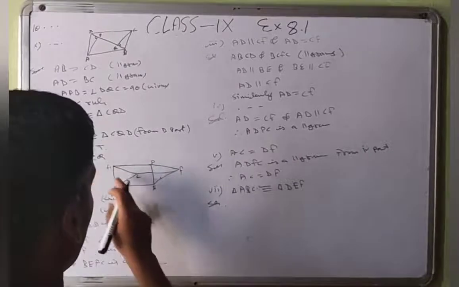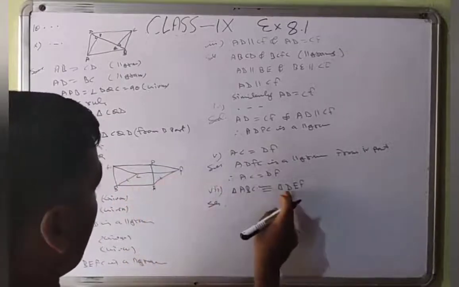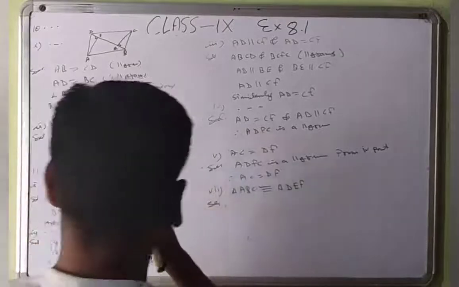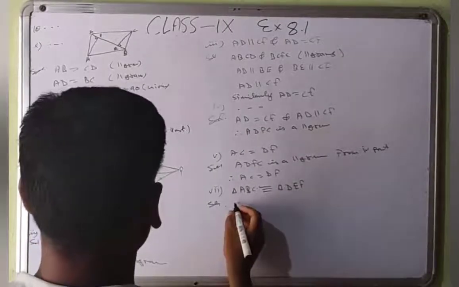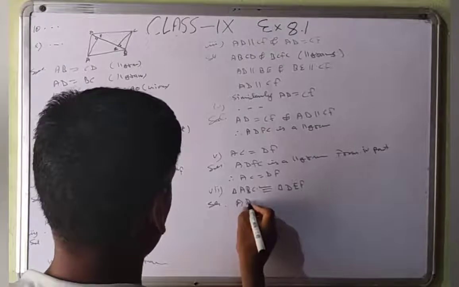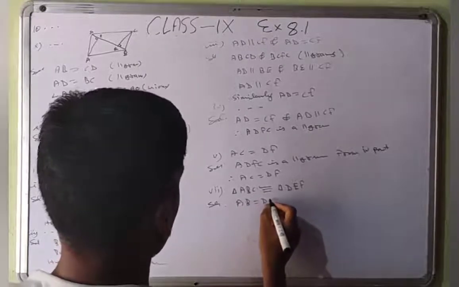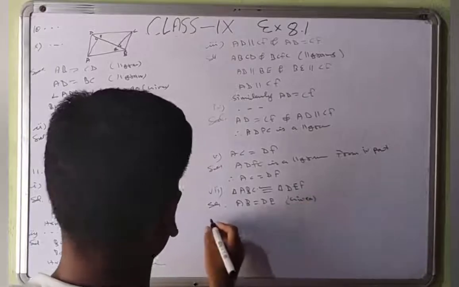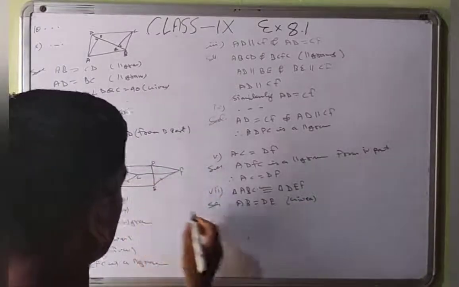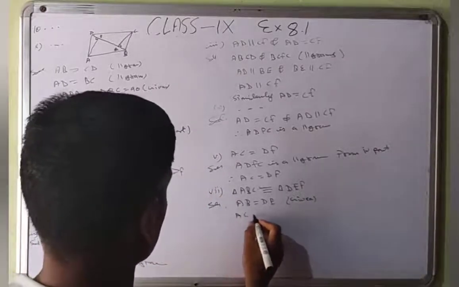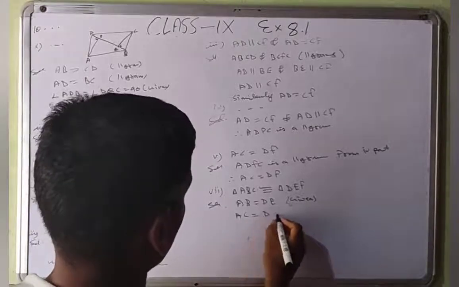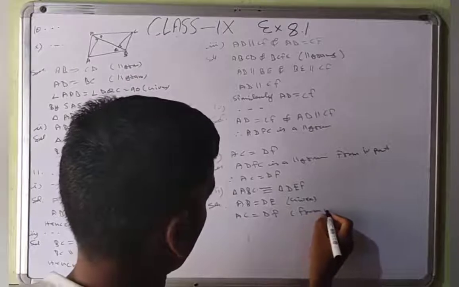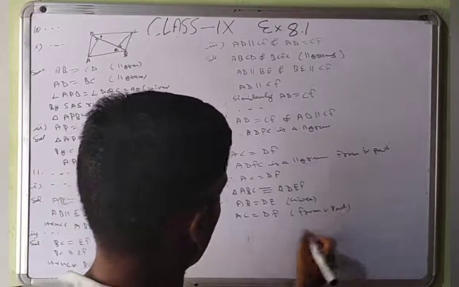Solution: AB is equal to DE, that's given in the question. And AC is equal to DF, we have already proved from the fifth part.